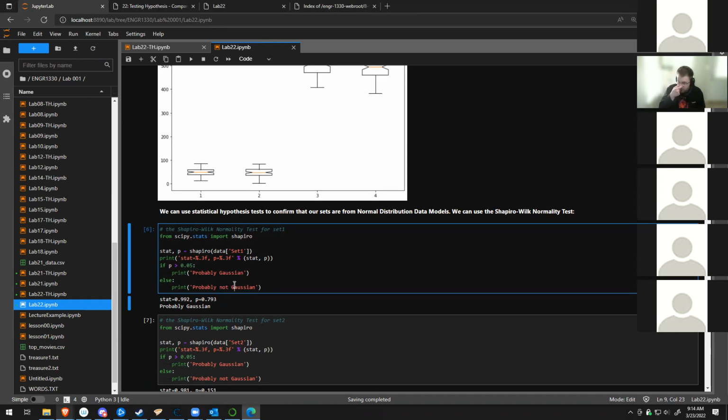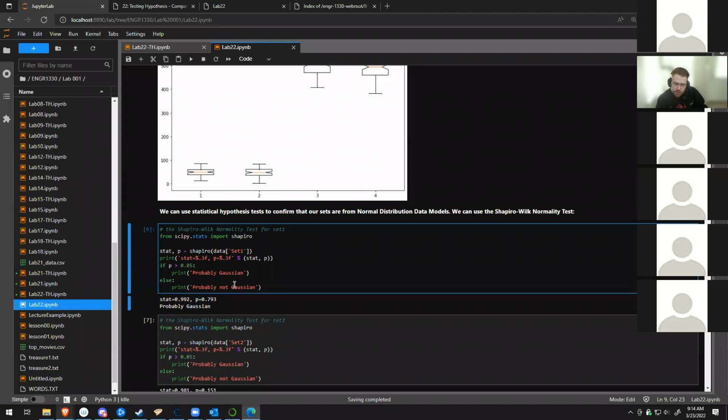What's Gaussian? It's normal. Gauss is the mathematician who discovered the normal distribution, so it's named after Gauss. But the normal distribution is so named because it's so darn normal.